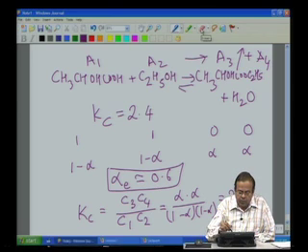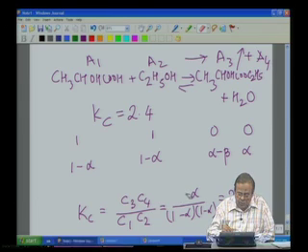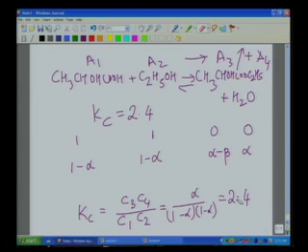Mathematically, what will happen is the following. Suppose that I remove some quantity of ethyl lactate, and beta is the quantity that I am continuously removing. Now what we have to change in this equation is that our definition of equilibrium constant and the value are the same, but this is now alpha minus beta into alpha divided by 1 minus alpha into 1 minus alpha, and this will now be 2.4.